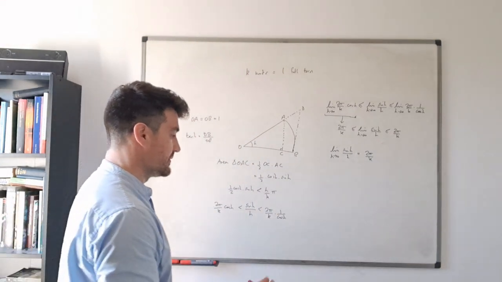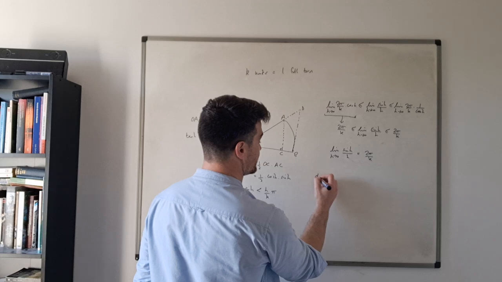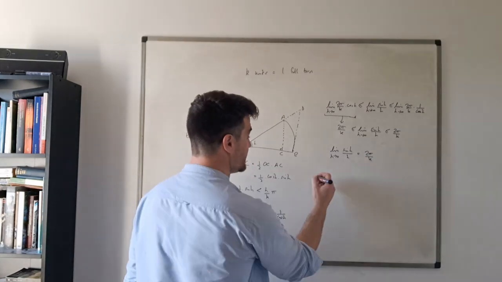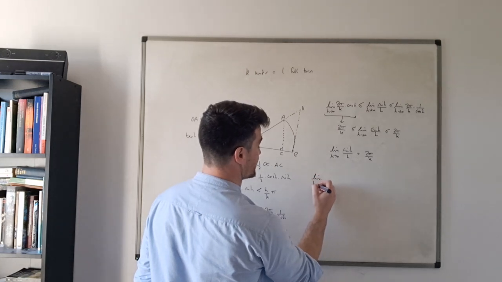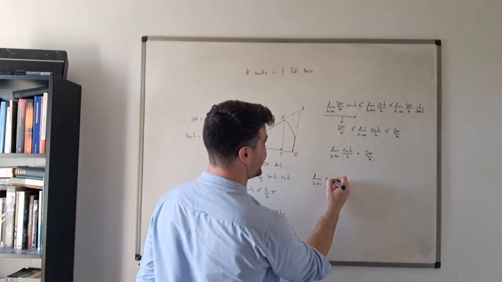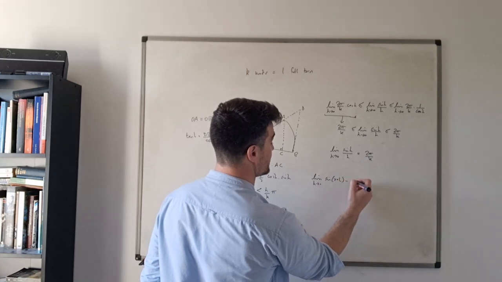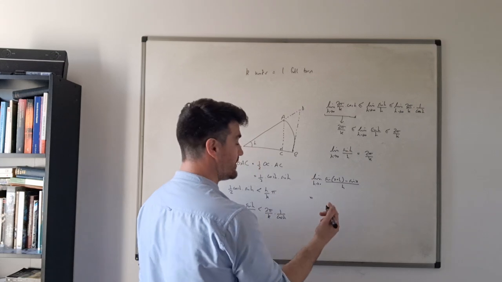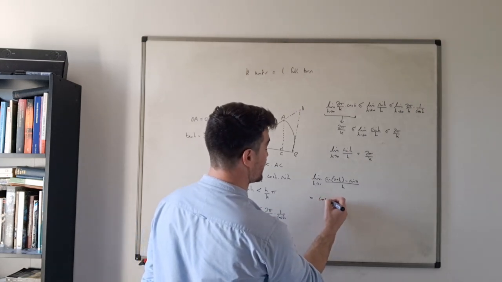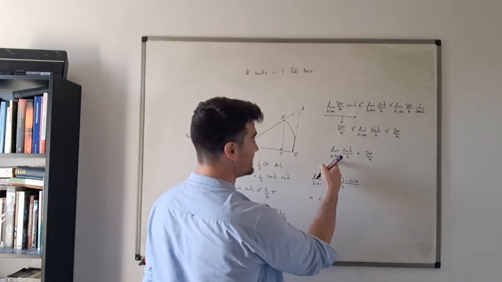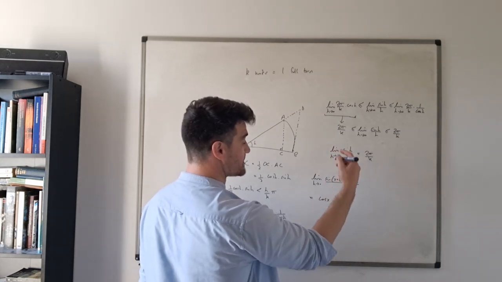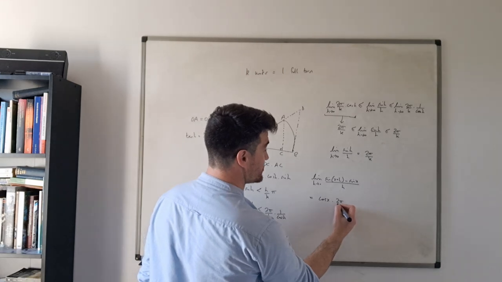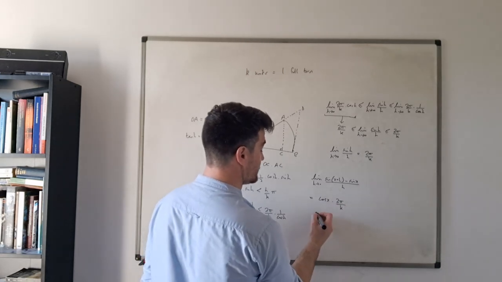So what's the point of all of this? Well, what we've shown is that the derivative, when we differentiated from first principles, the limit as h approaches 0 of sine(x plus h) minus sine x over h, we'd got to the point where we'd shown that this was equal to cos x times this limit. So now we can say it's going to be cos x times 2 pi over k.